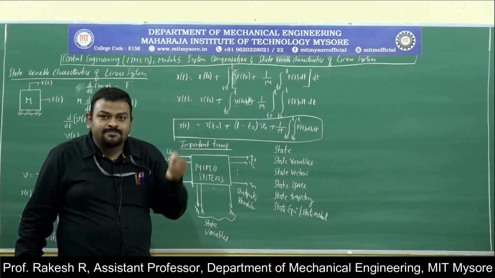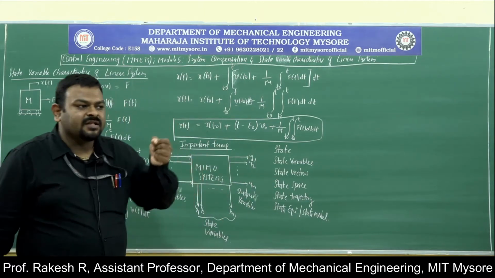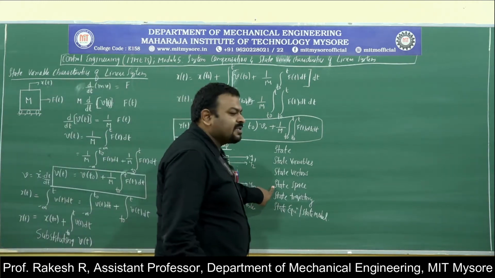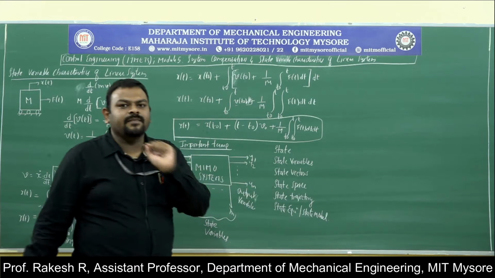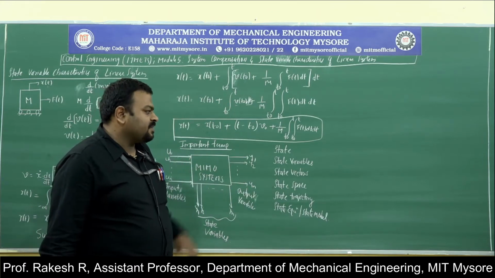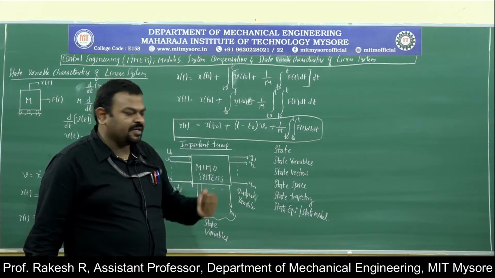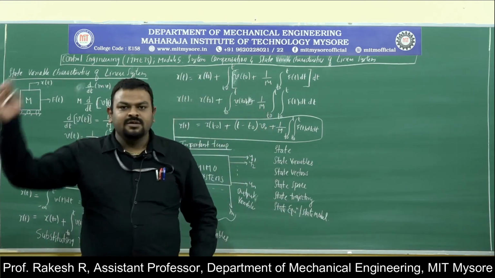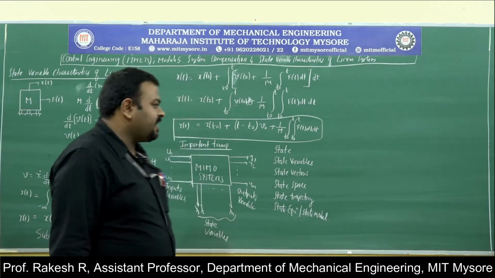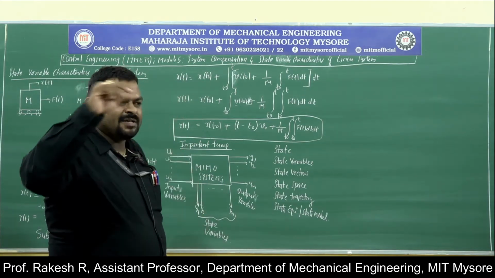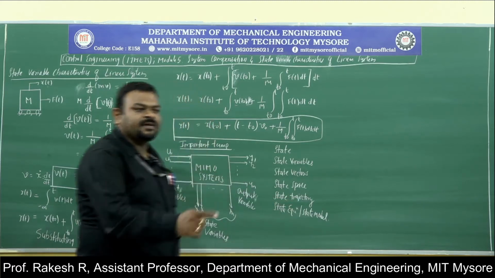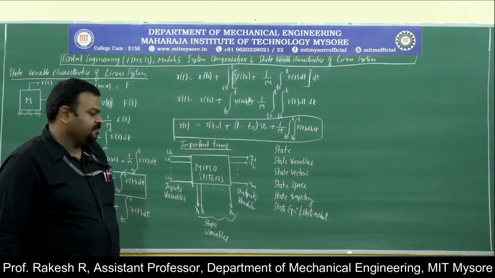If I take a space having the coordinates x, y, z, and I define the states with respect to coordinates, that is nothing but state space. Then the last one: if I take the locus of all the state space or state variables, I will get a plot. That plot is a trajectory.